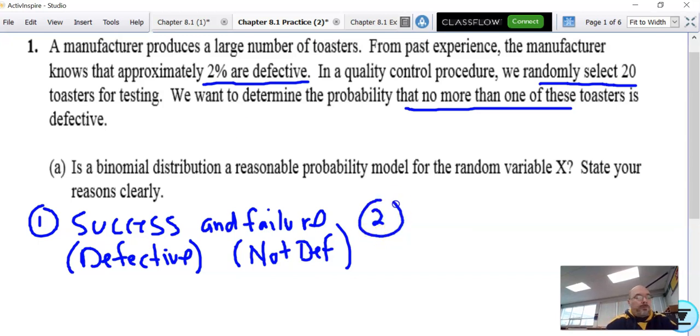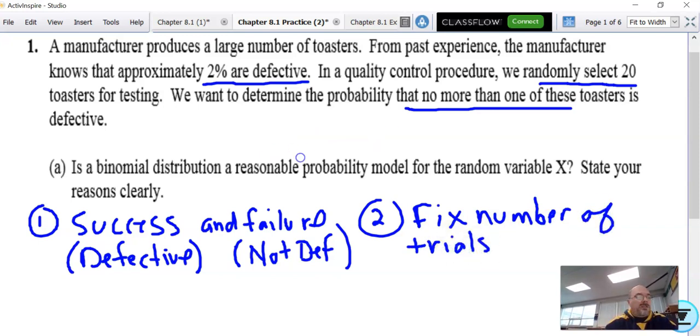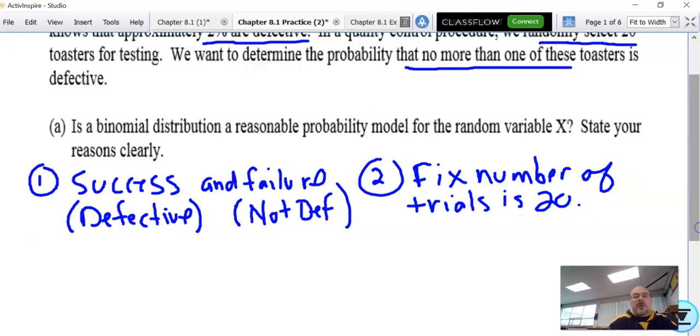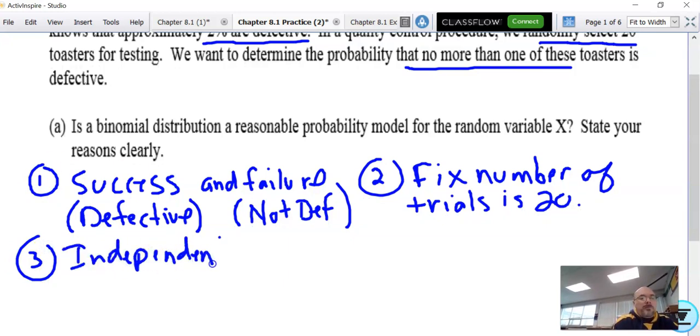Condition number 2, fixed number of trials. Yes, the fixed number of trials is 20. Condition number 3, independence. Each toaster is independent of the other.